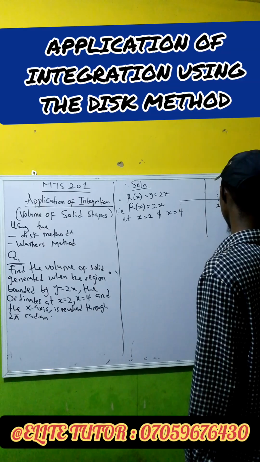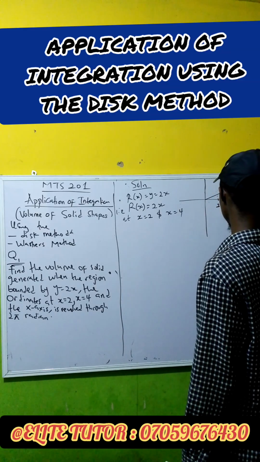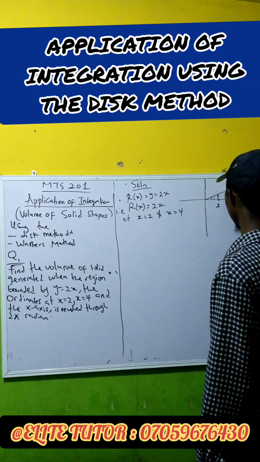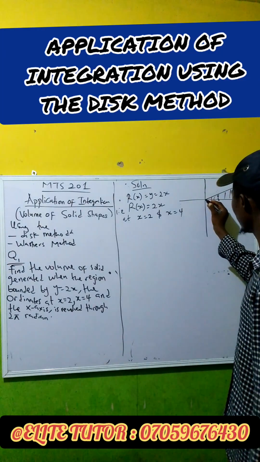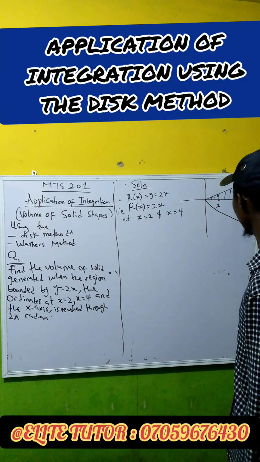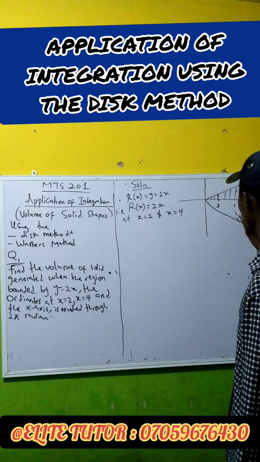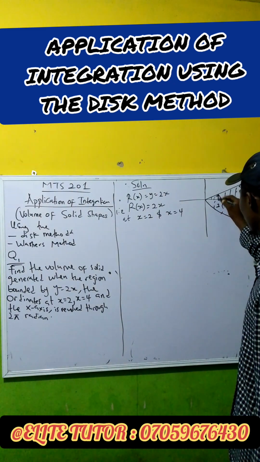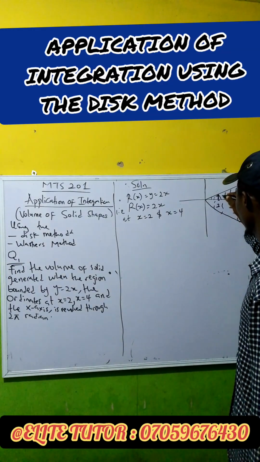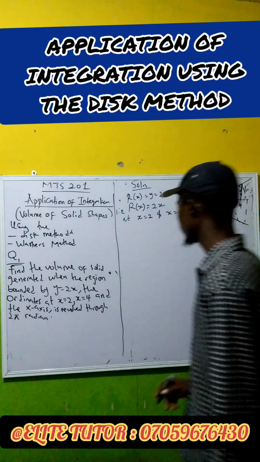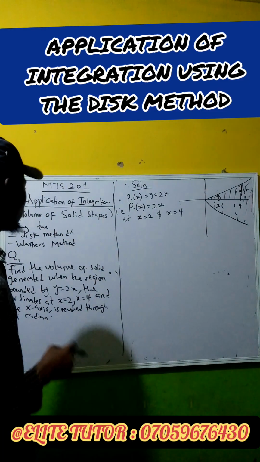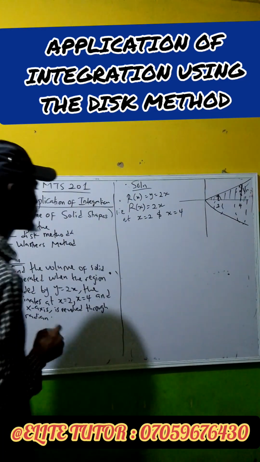This one is shaded like this. Then you can let it be like a reflection here, so that you have your big R and your small r. So this place we are using the disk method. We are using the disk method to solve this.